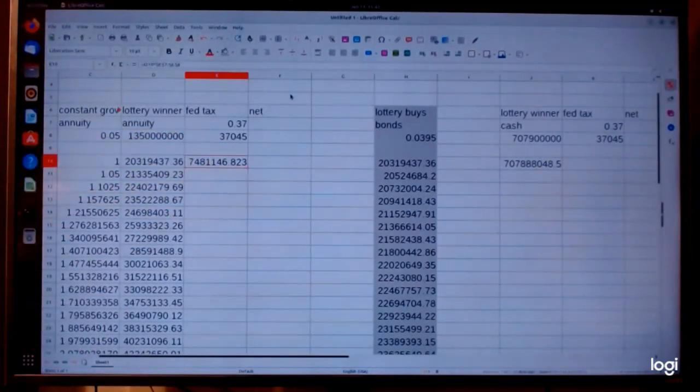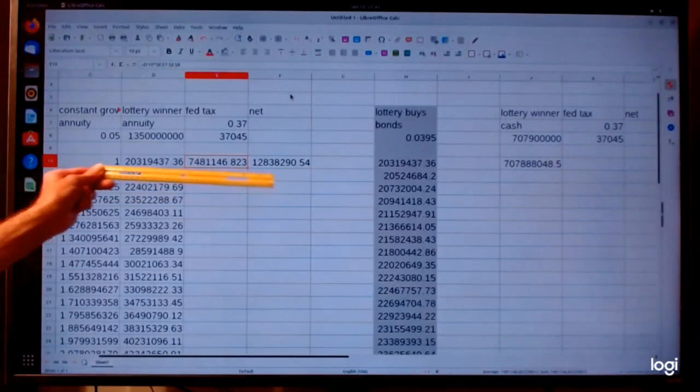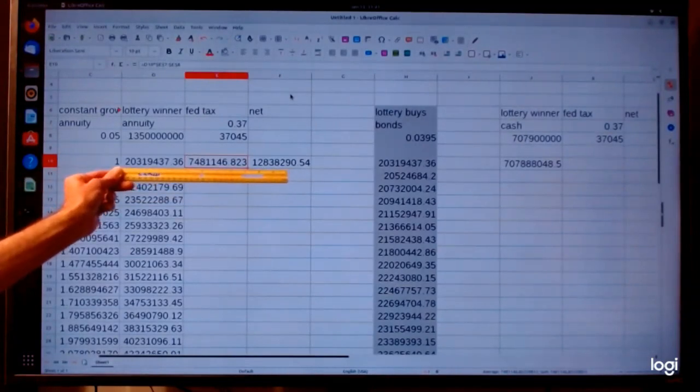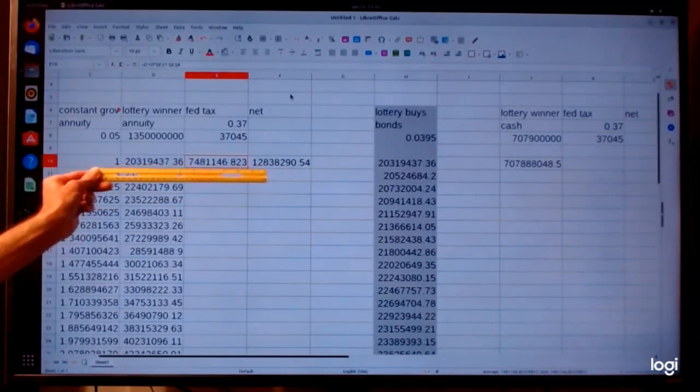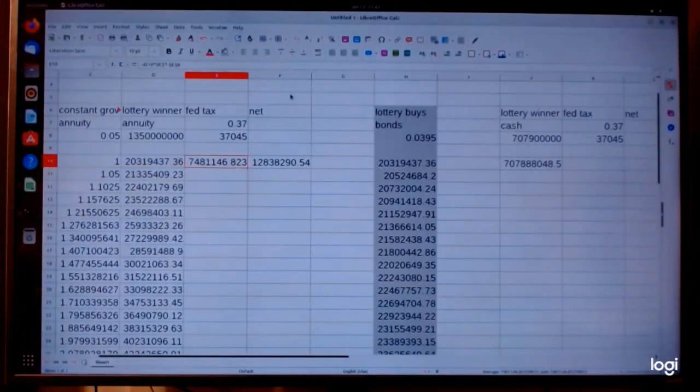That will be the taxes, and then our net is going to be what, D10 minus E10, and that will be what the net for that first year, first cash payment, $12 million. And let's just copy this.